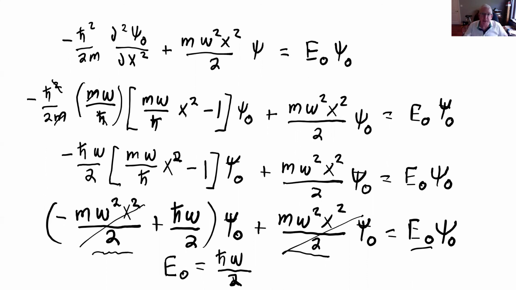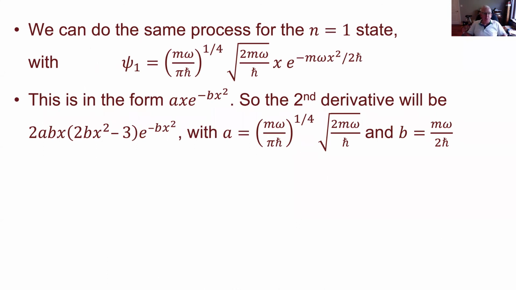We could do the same for the n equals 1 state. If we do that, the beginning of it looks like this. I would again go through and do the second derivative. In recognition of how much time I just spent staring at the iPad and writing on it, and the fact that I already put the equations for this in the stuff that I posted to you, I think I'm going to cut to the result of this one rather than do all the writing through again.